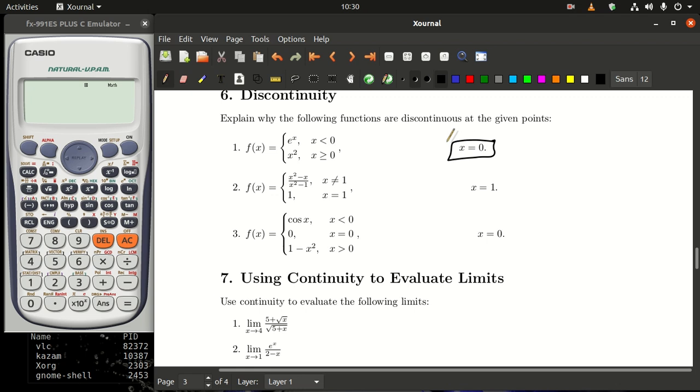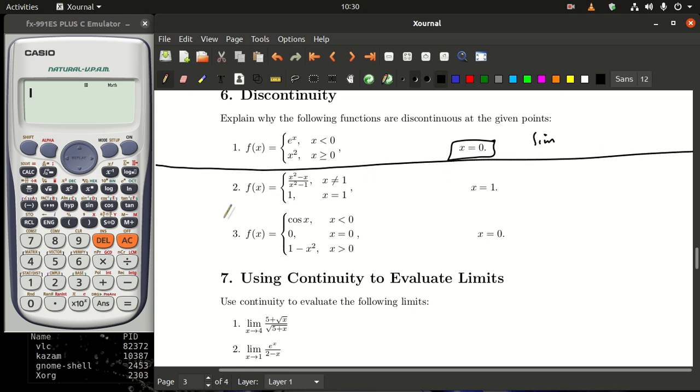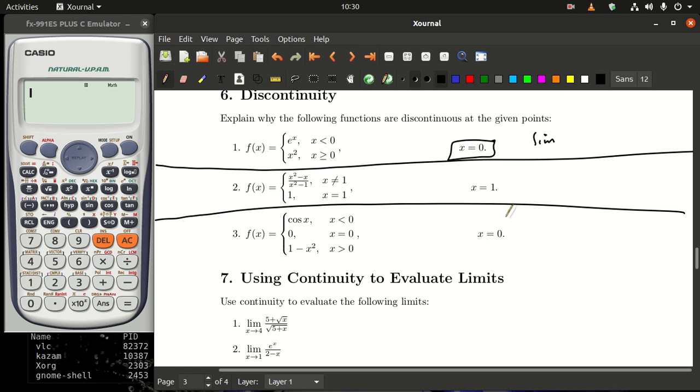Now, if you look at the limit, let me draw a line here and also draw another line here, and then this one will also be something else. Look at the limit as x approaches 0 on the left of f of x. I want you to see this. If I pick a value on the left of 0, that value is going to be negative. In other words, we're going to be here.